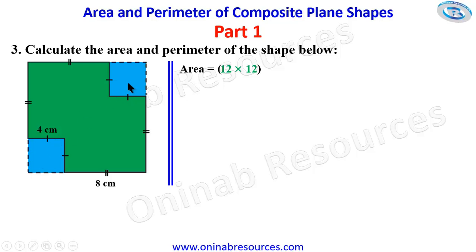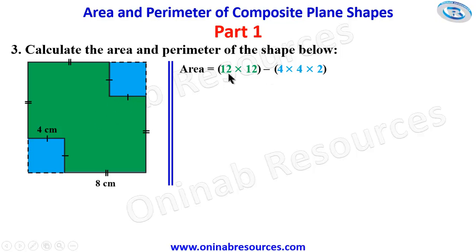Then for the smaller squares, since they are equal in size, we just find the area of one of them and multiply by 2. So this is going to give us minus 4 times 4, multiplied by 2, taking care of the area of the two smaller squares.